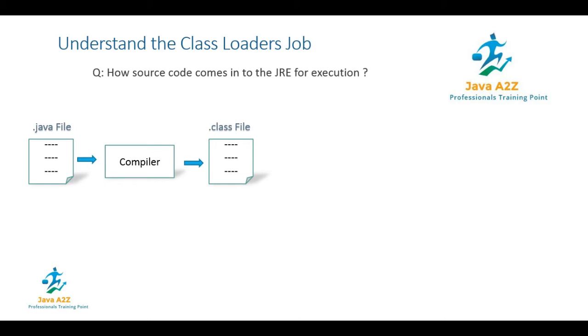You can carry this bytecode to any operating system for execution. Whenever you want to execute your bytecode in the Java runtime environment, each operating system has a specific JVM. So if you are working on Mac, you have a Mac-specific JDK and Mac-specific Java environment. Each operating system has a different JVM. So what is the JVM? JVM is the Java Virtual Machine, which is part of the Java runtime environment.